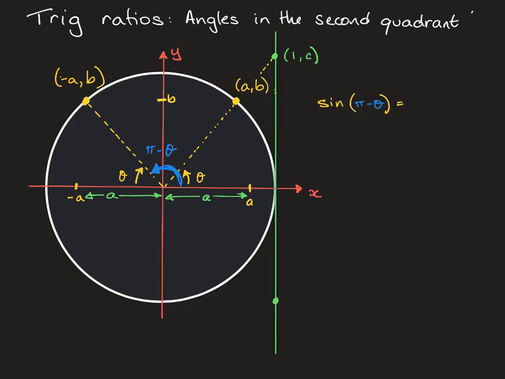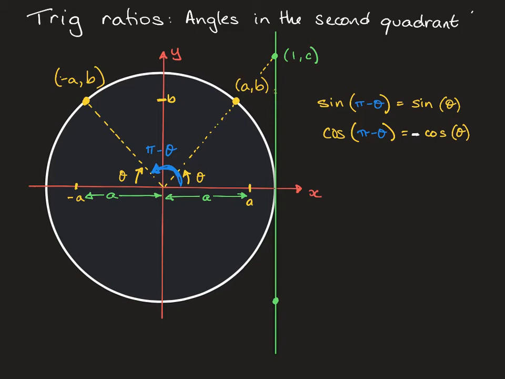Sine of pi minus theta is equal to sine of theta. And cos of pi minus theta is the same size as cos of theta, but it's the opposite sign, so it's negative.